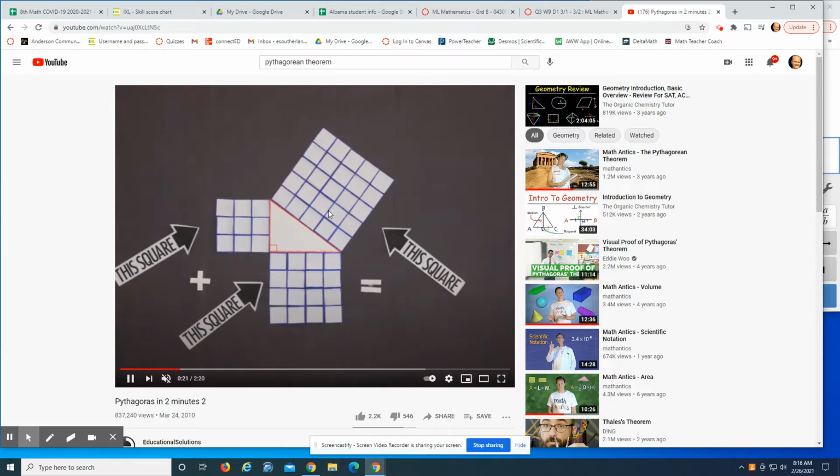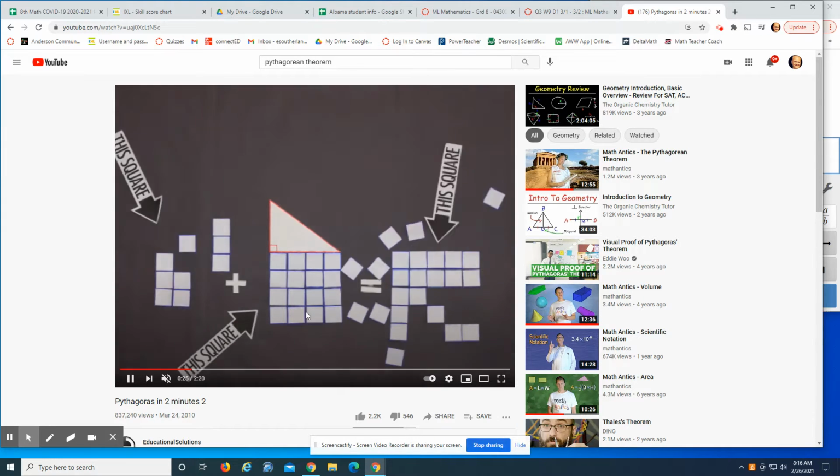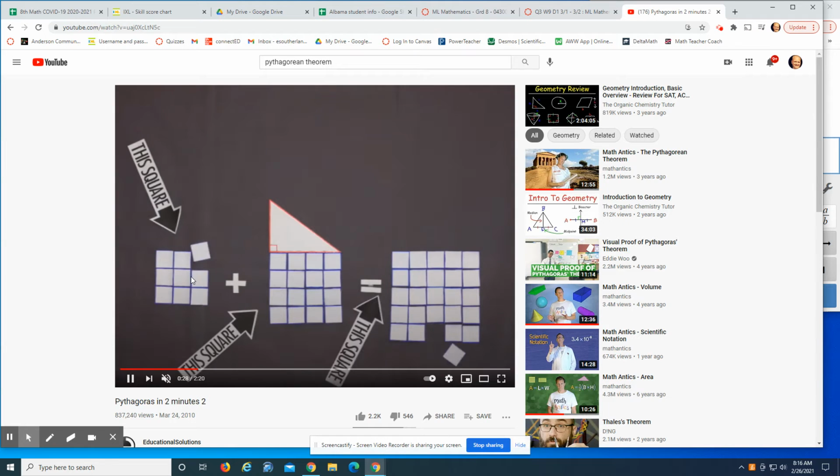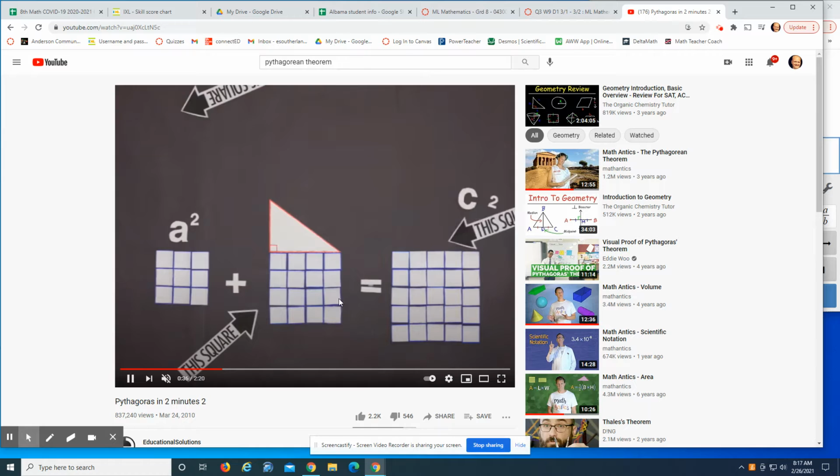The big one's always going to be the one that's equal to. The way that we say this in math is that a squared plus b squared will always equal c squared. We'll see the formula come up and see what we're talking about.